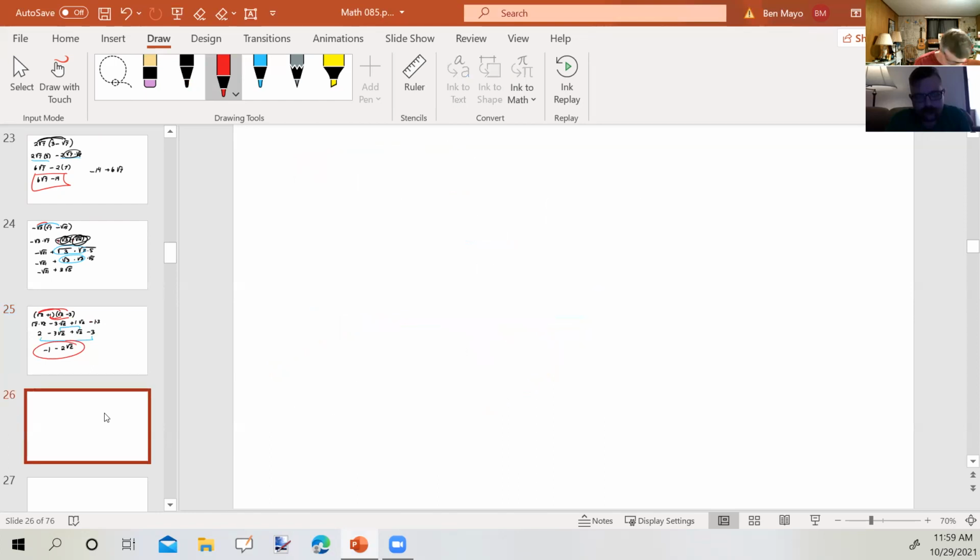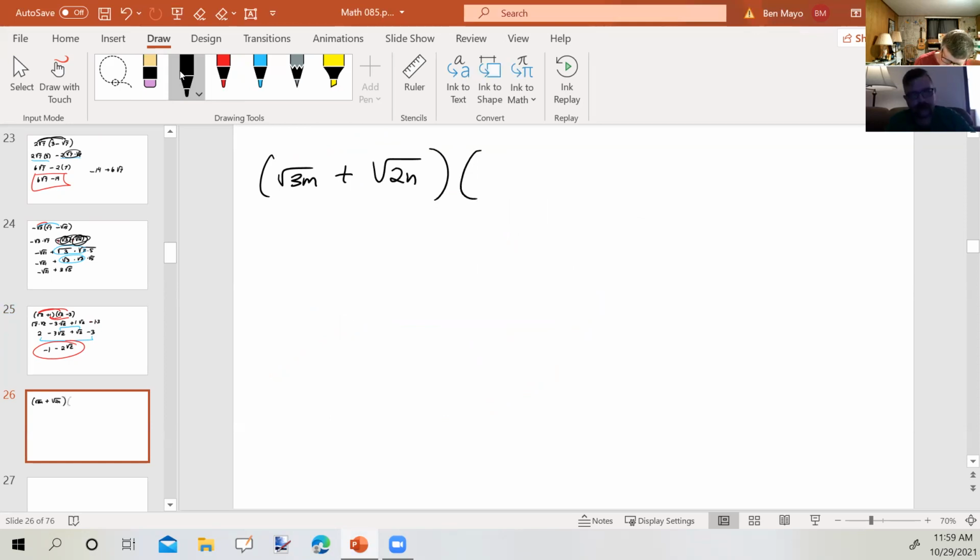Okay, how about this one? The square root of 3m plus the square root of 2n times the square root of 3m minus the square root of 2n.